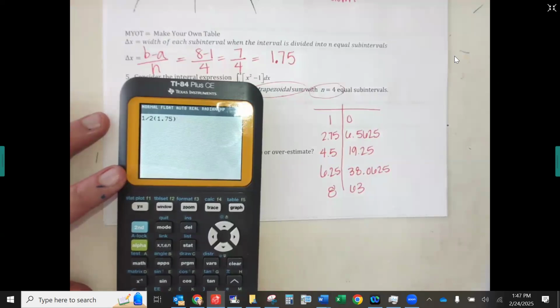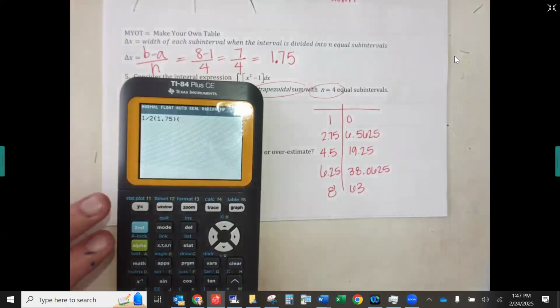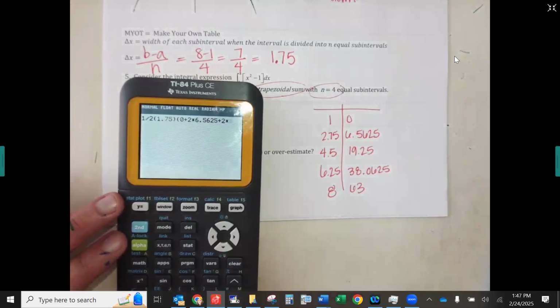1.75. And then I'm going to open a parentheses. Remember, in trapezoidal sums, nobody gets skipped. Some people get doubled, but nobody gets skipped. So it'd be 0 plus 2 times 6.5625, 2 times 19.25, 2 times 38.0625, and then just 163.